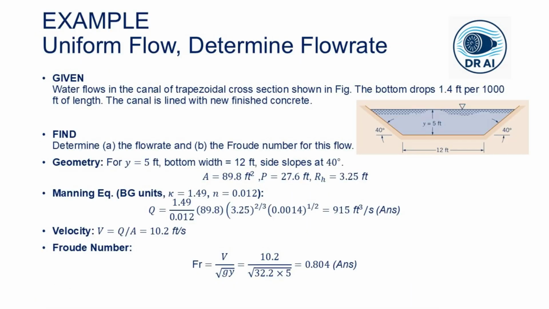Now, let us see this in action with an example problem. I want to highlight a couple of them to show how you could use the Manning equation. In this particular example, we have a trapezoidal canal lined with finished concrete.